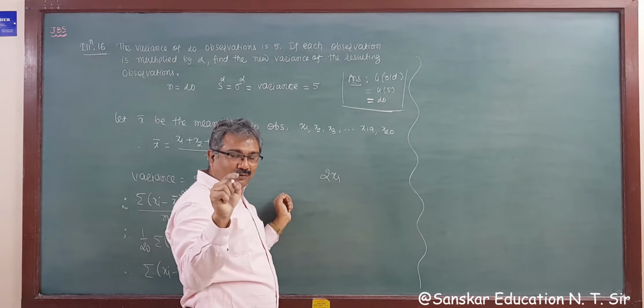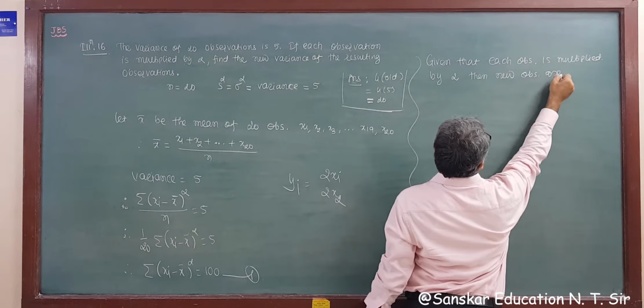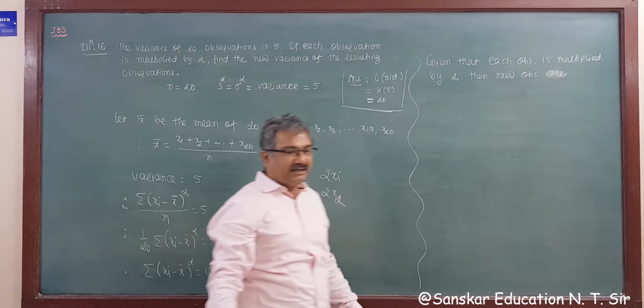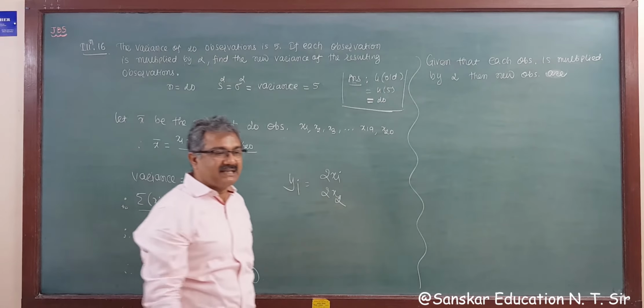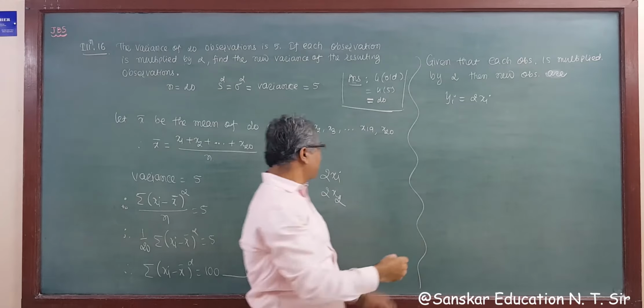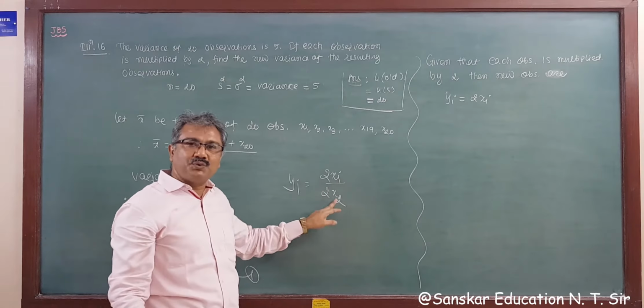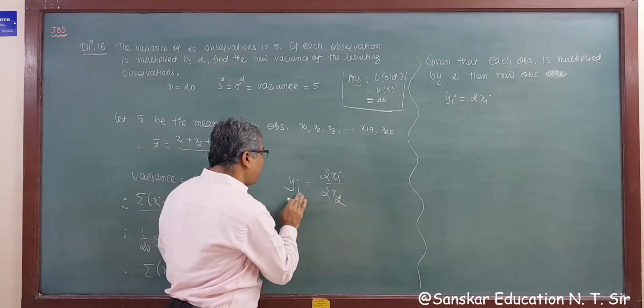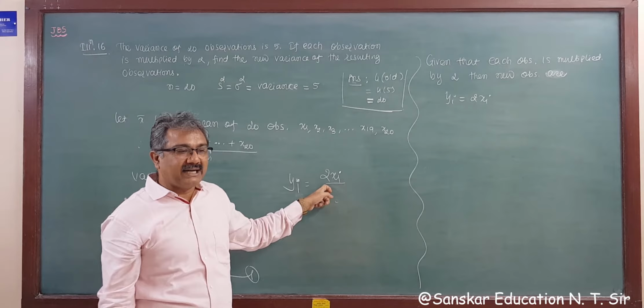So the new observations, that is the resulting observations, are yi is equal to twice xi. This is your short form.